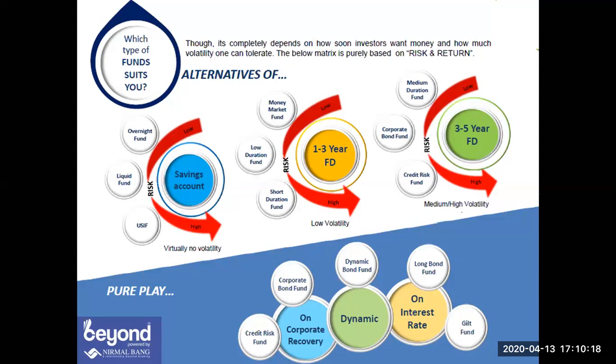But if the client wants to invest for 3 years and we offer a 5 or 7 year maturity, which might be quite volatile for that particular investor, so we should keep in mind what kind of volatility the investor can go with.